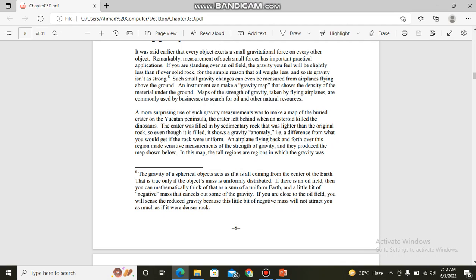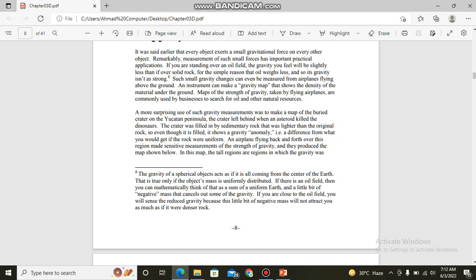The gravity of a spherical mass acts as if it is all coming from the center of the Earth. This is true only if the object's mass is uniformly distributed.